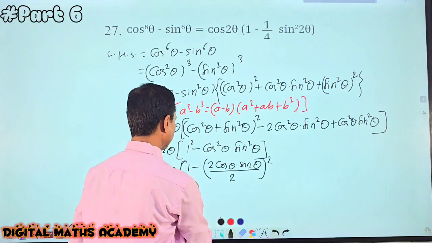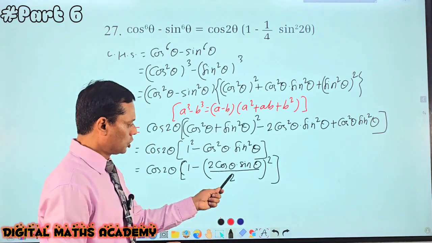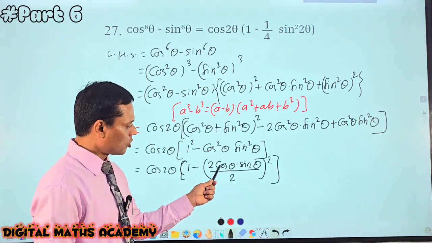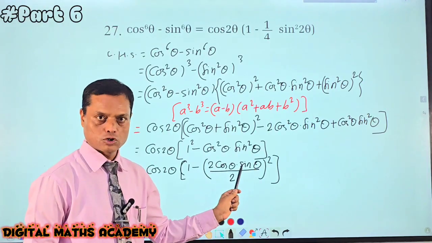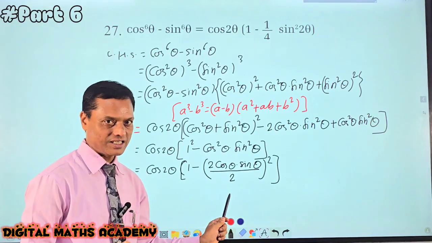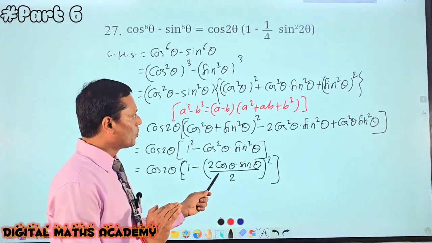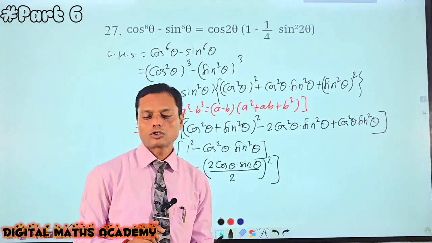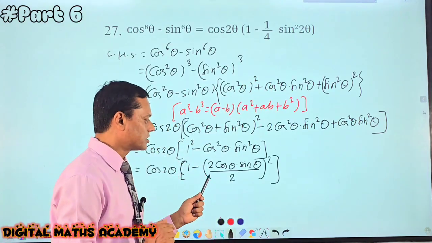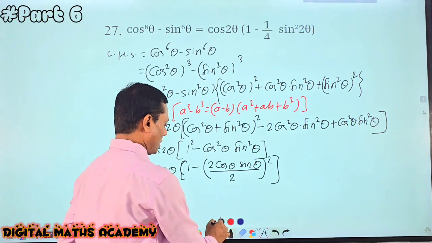Just see carefully, 2 is balanced here: cos theta dot sin theta whole square gives cos square theta sin square theta. So it's already balanced. The reason we make this step is to bring sin 2 theta to the right hand side. We know the formula sin 2 theta equals 2 sin theta dot cos theta, so it's better for us to go ahead this way.